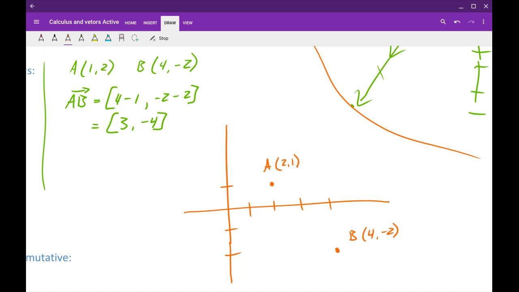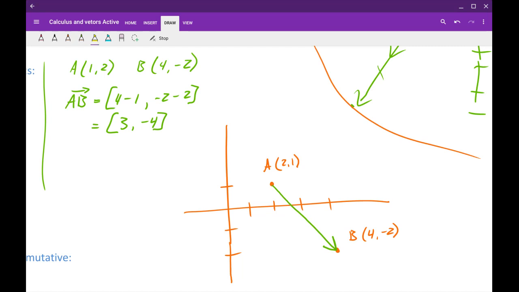The vector AB would be this vector here. Oh, wait, I messed this up. Hang on.